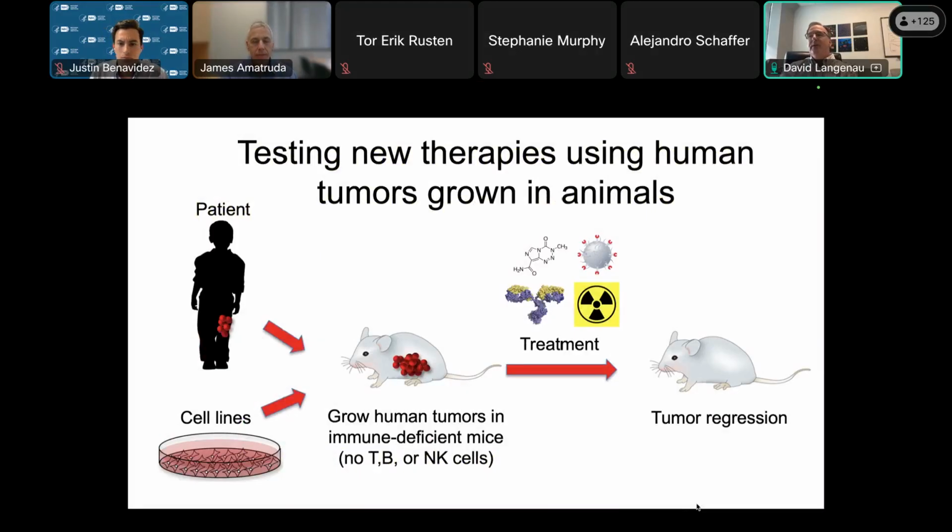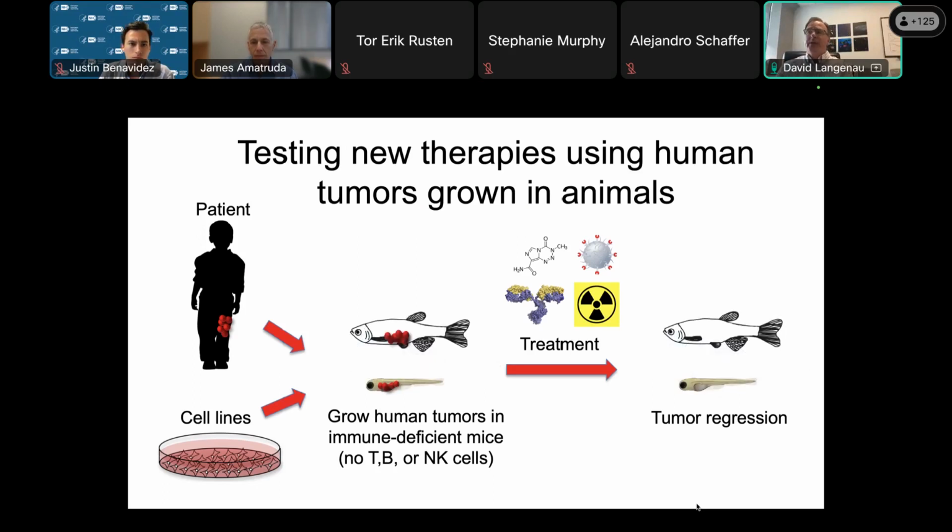And specifically, you can take either a patient's tumor or cell lines and grow them in an NSG mouse, for example, that lacks T, B, or NK cells. And then, as I said, you can treat them with a wide array of different compounds, small molecules, antibodies, et cetera, and look for tumor regression.